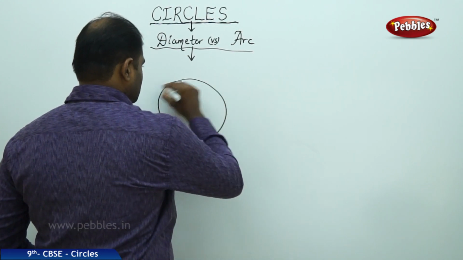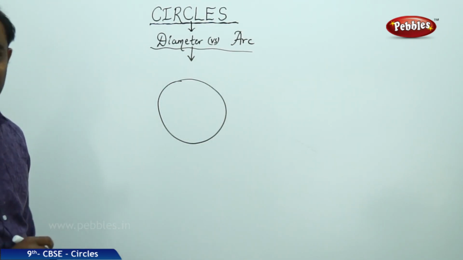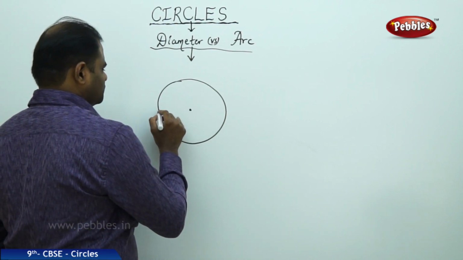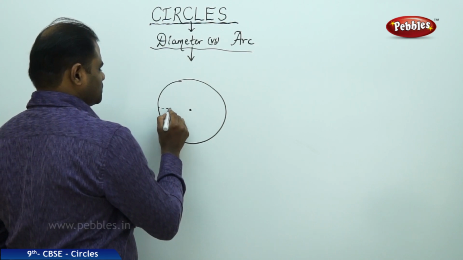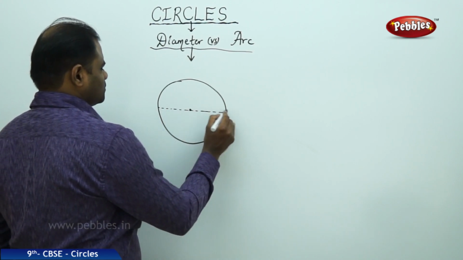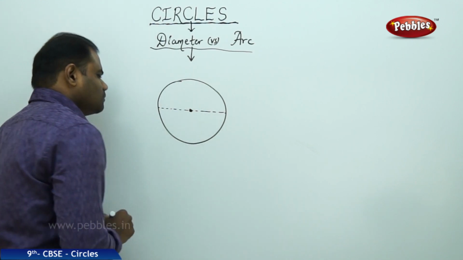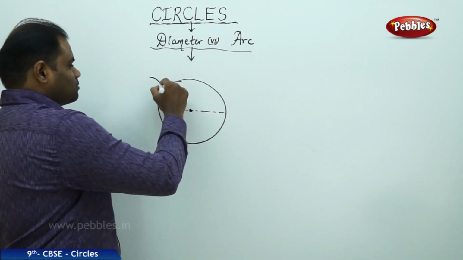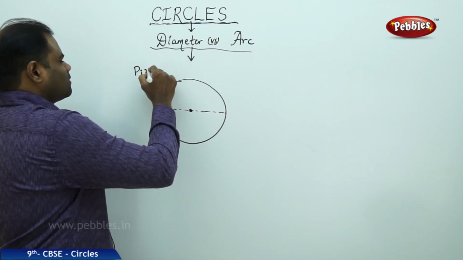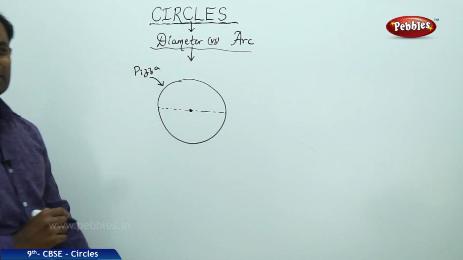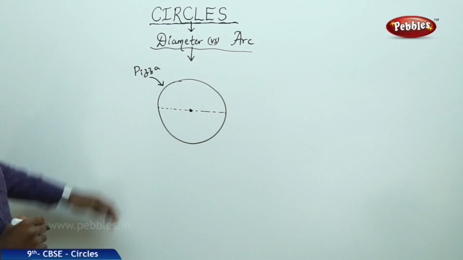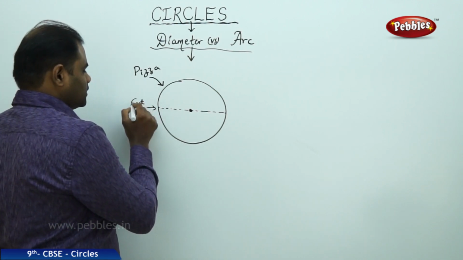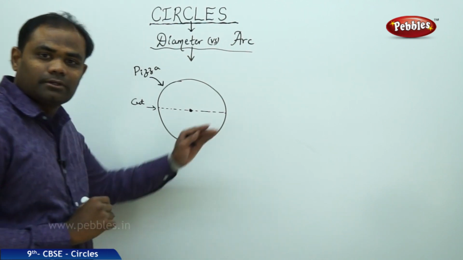I have a circle with the diameter. Suppose I have the diameter out here. Is how we connect. Now this circle assumed as a pizza, I would like to cut the pizza along the diameter. So I just try to cut the pizza in this diameter direction.